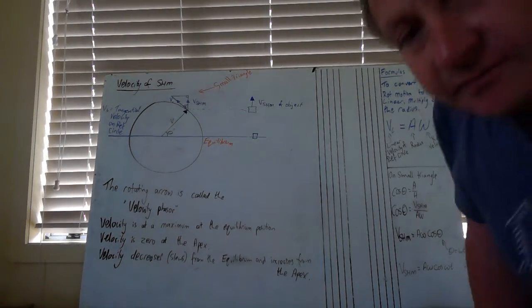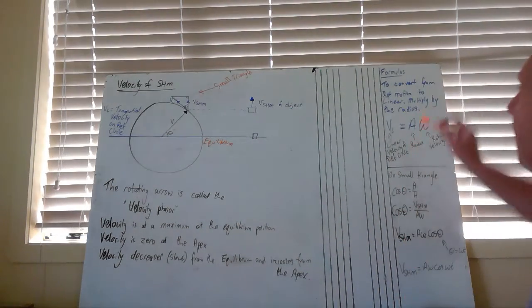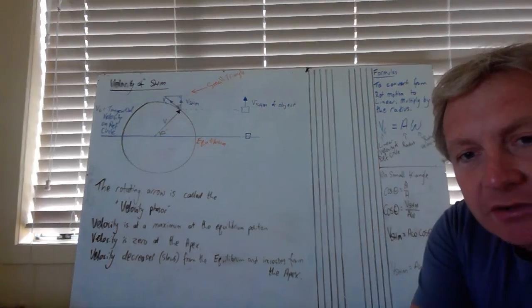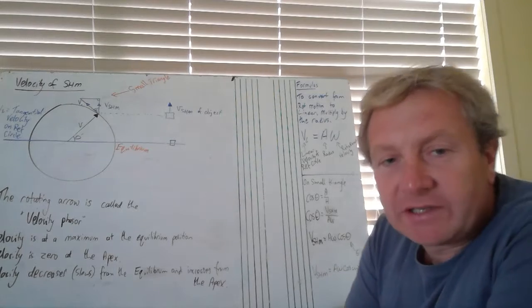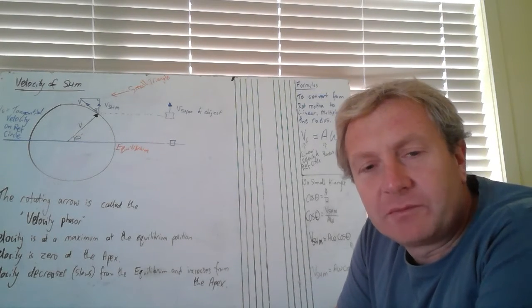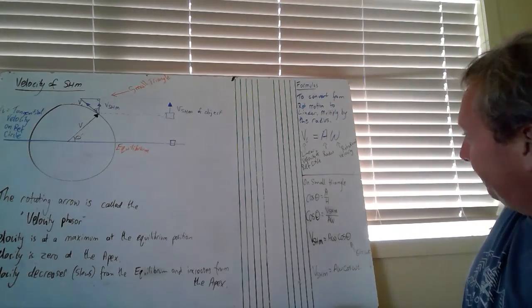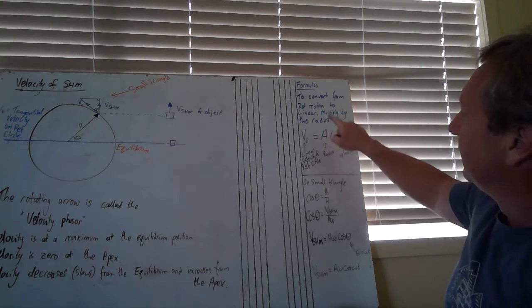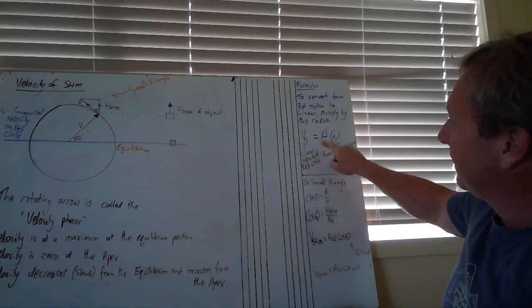Now, over to our equations. From rotational motion, you know that to get a linear quantity from a rotational quantity, you need to multiply it by the radius. So to convert rotational motion to linear, you multiply the rotational motion by the radius.